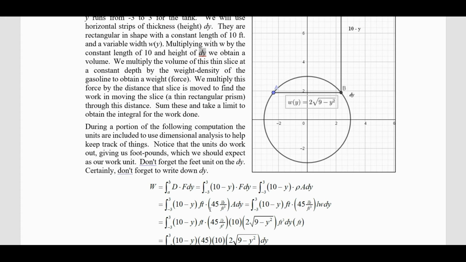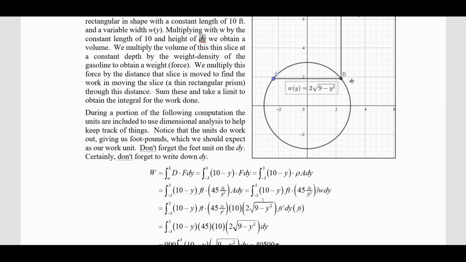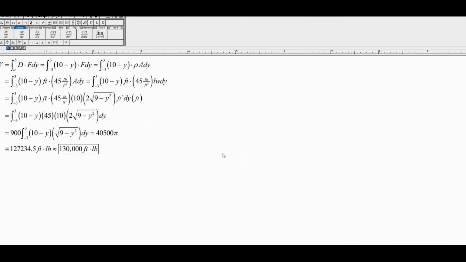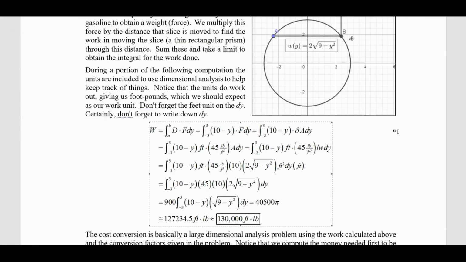Tell you the truth, what we usually do is we usually use lowercase delta for a weight density and rho for a mass density. So anyway, it doesn't matter what letter we use for it. It's the density, which is 45 pounds per cubic feet. And then we've got the area times dy, which will give us the volume.